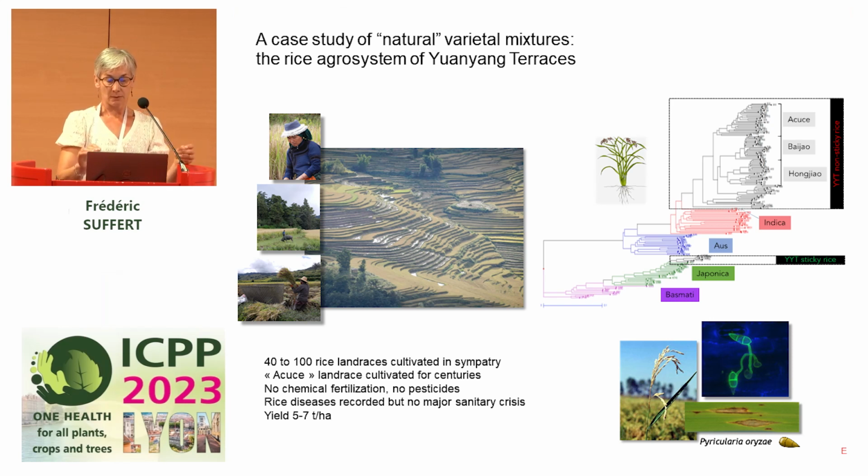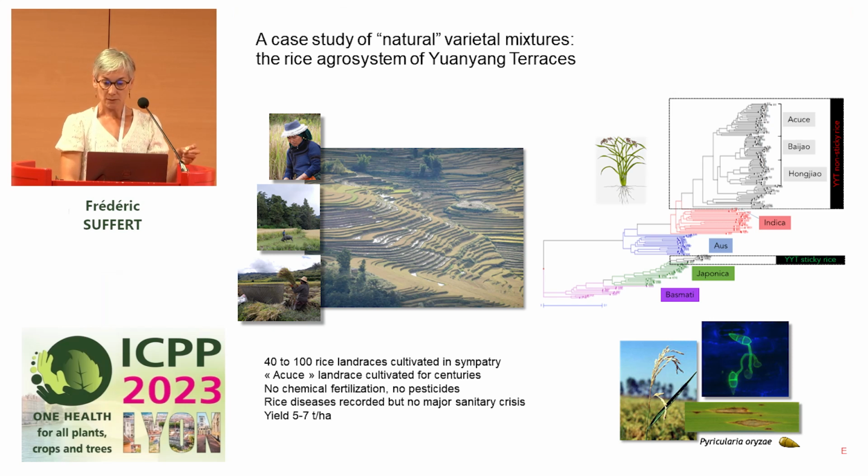To illustrate this, here you have a phylogenetic tree showing the diversity of rice accessions sampled in Yunnan in black, compared to worldwide rice accessions representative of the diversity of the different rice types.